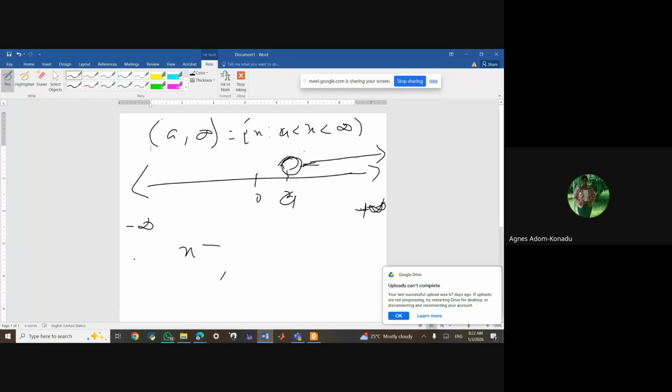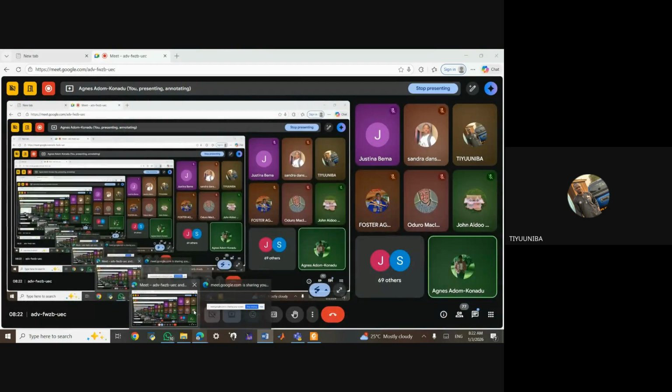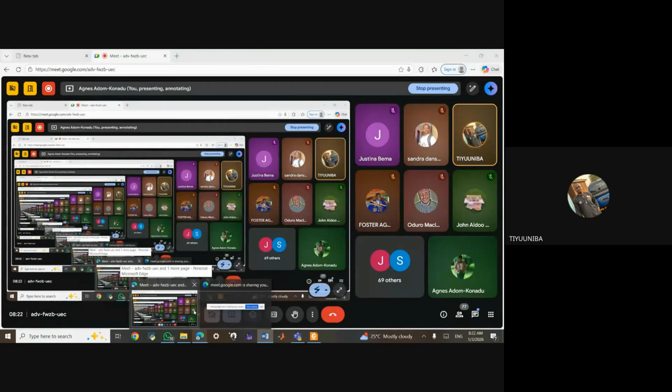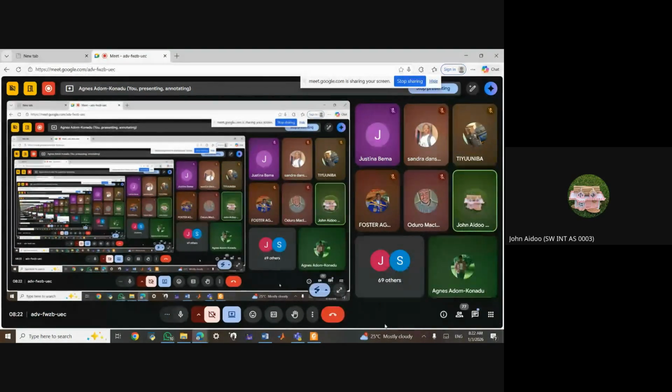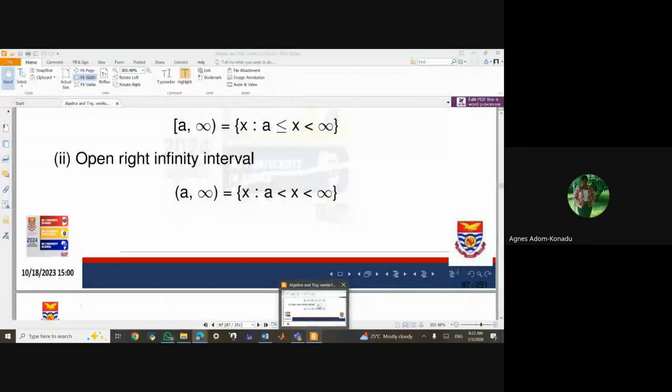So this is x greater than A. Do you remember this? Yes, please. That is the open right infinity interval.